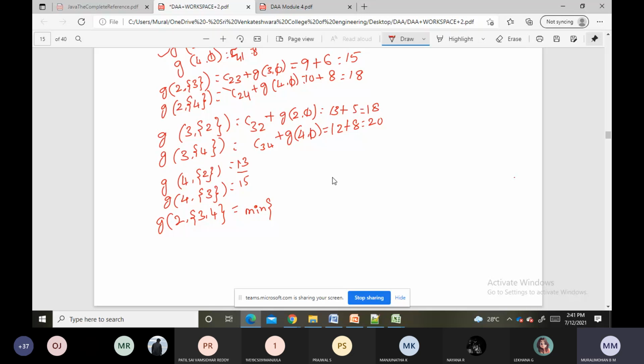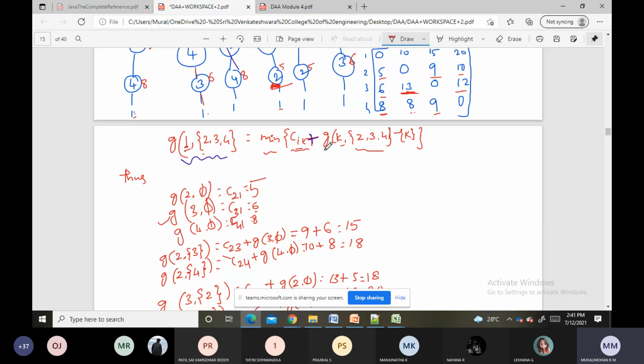So here i is this one and k is this one. So that is C of 2 to 3 plus, what does it say? G of k, remaining vertices minus k, right?